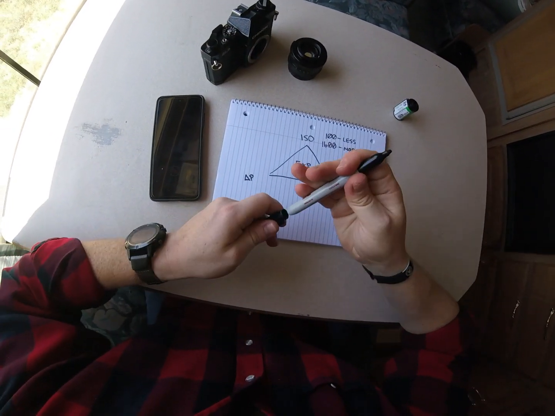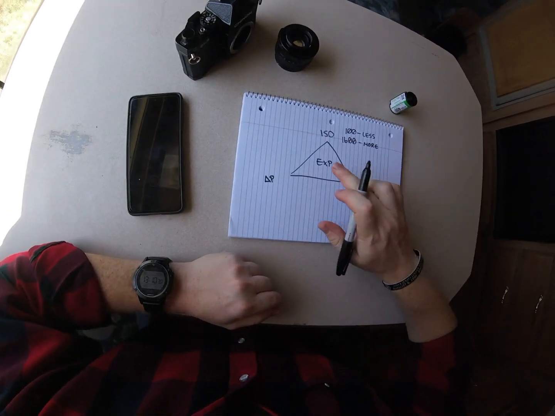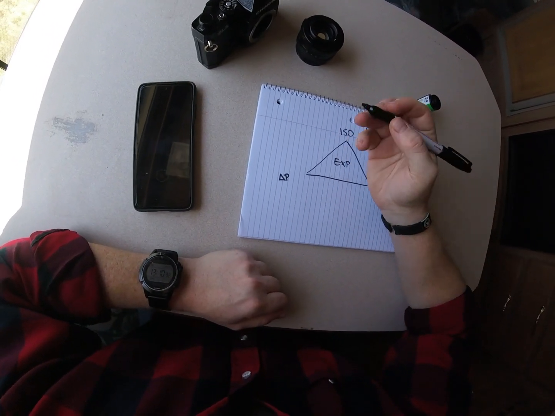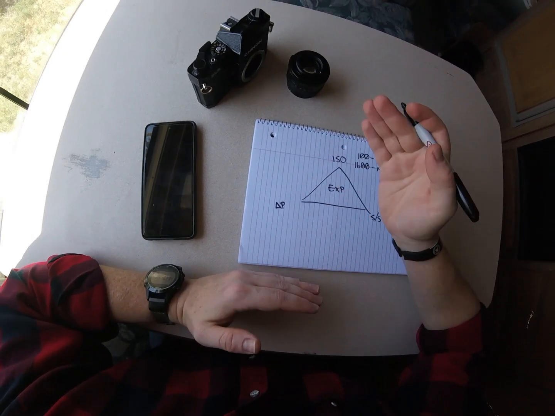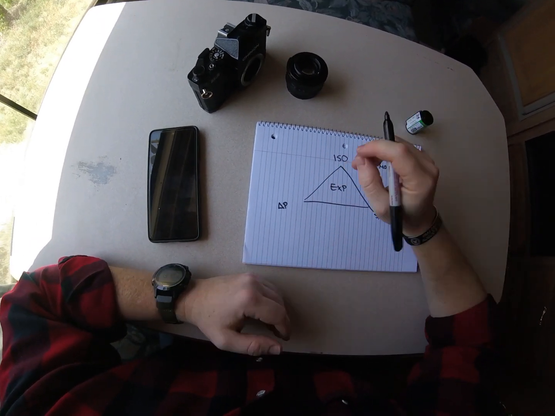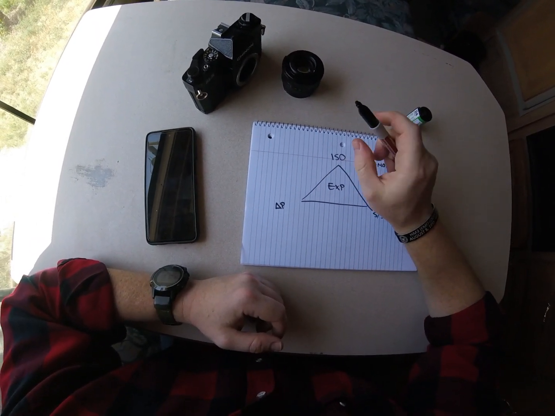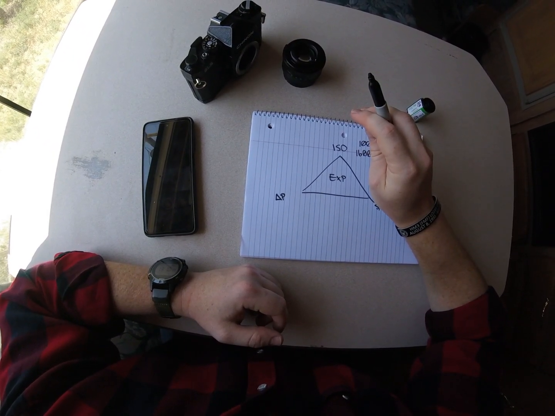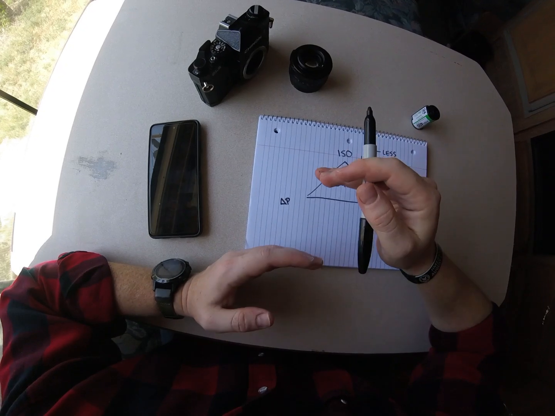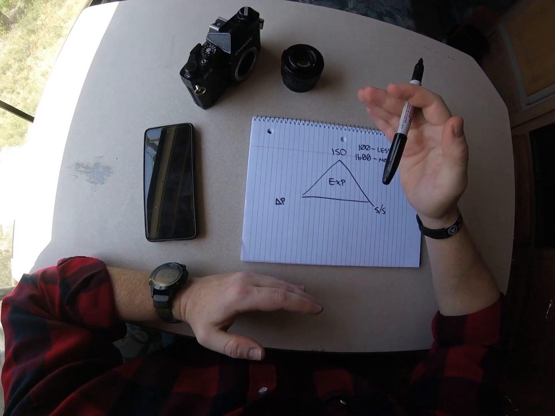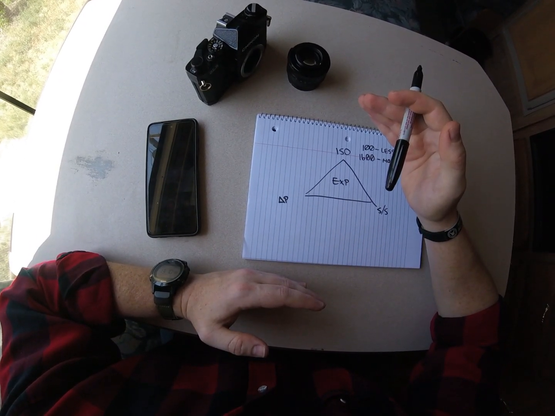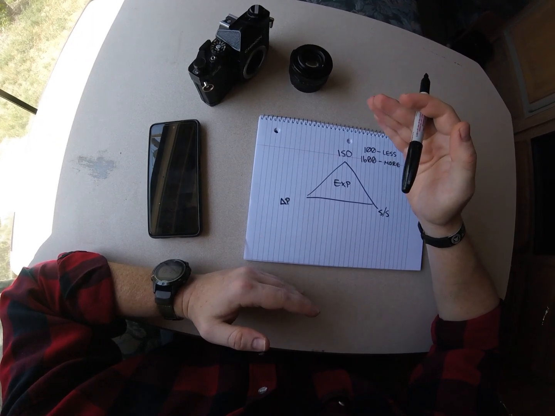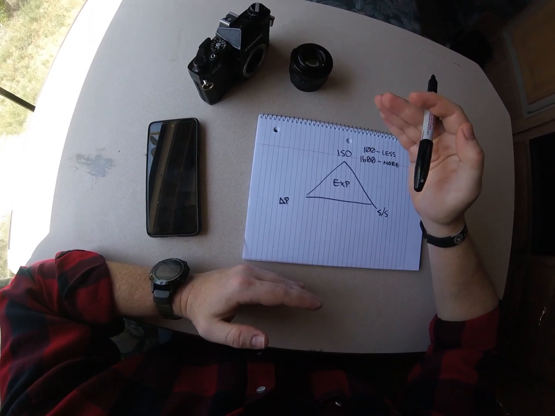And the reason that's important is not only for balancing your exposure, but also for controlling your depth of field. So just like with your pupil, as it opens and closes, it will change the depth of field and how much focus is in that zone.